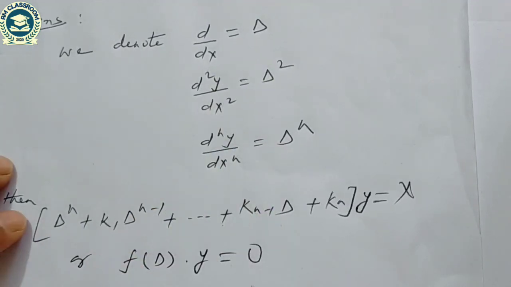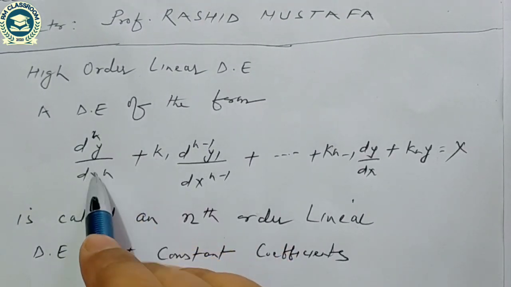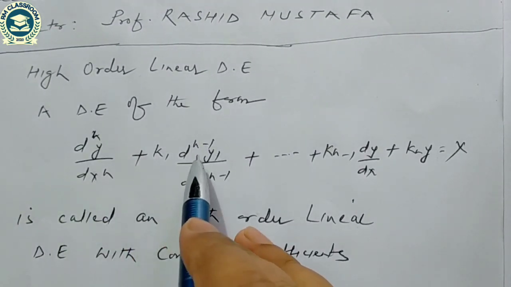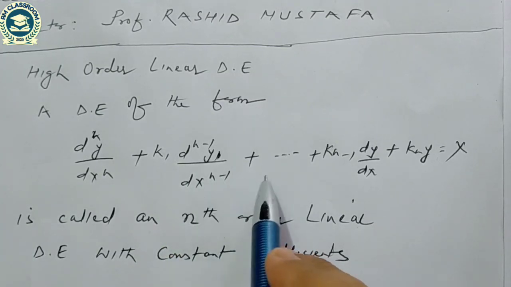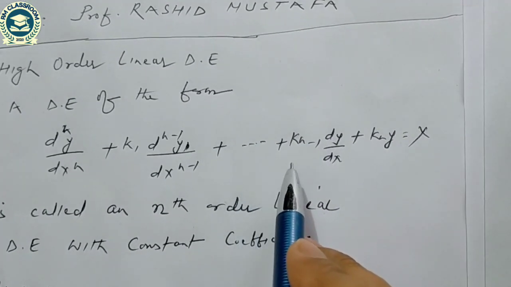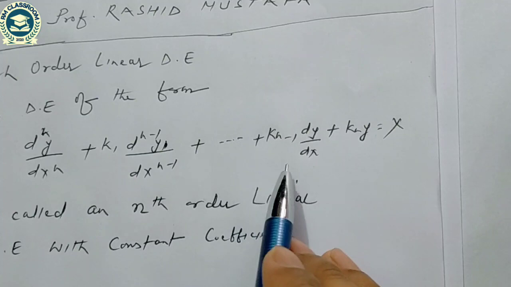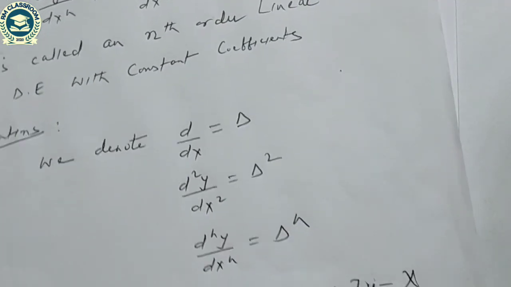So either we can write this high order differential equation in this form, d^n y by dx^n plus k1 d^(n-1) y by dx^(n-1) plus so on and so forth plus k(n-1) dy by dx plus kn y is equal to x, or in the other form.